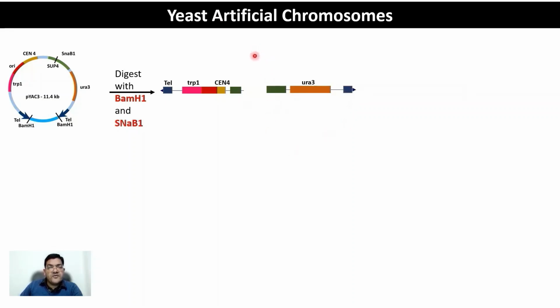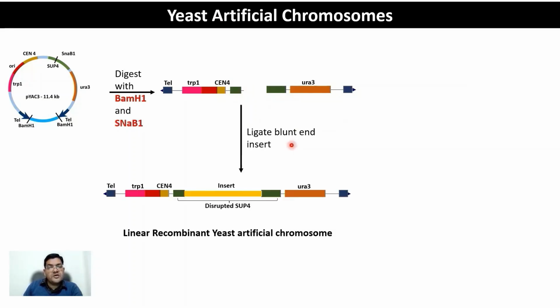The DNA of interest is going to be inserted in this position here in the SUP4 gene, effectively disrupting your SUP4 gene, right? So next what you do is you do your ligation. You ligate the blunt-end insert here, and the insert comes and sits comfortably in between the two fragments of SUP4, generating a linear artificial chromosome that is a recombinant artificial chromosome.